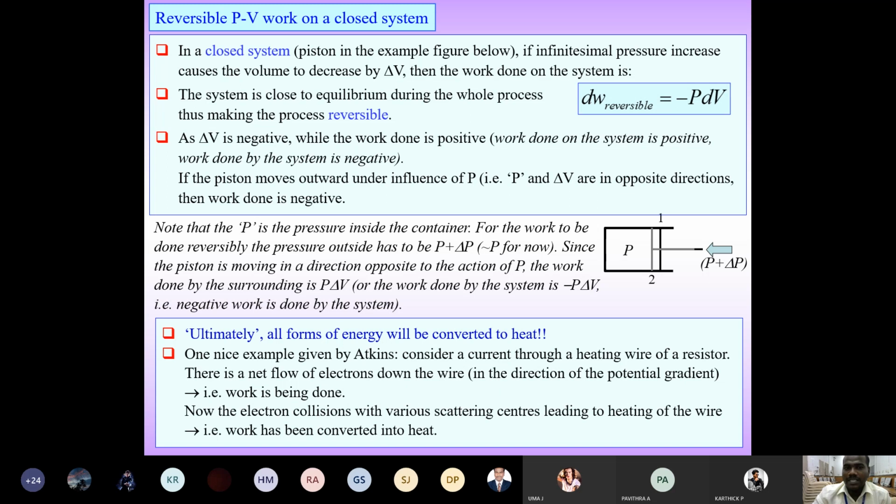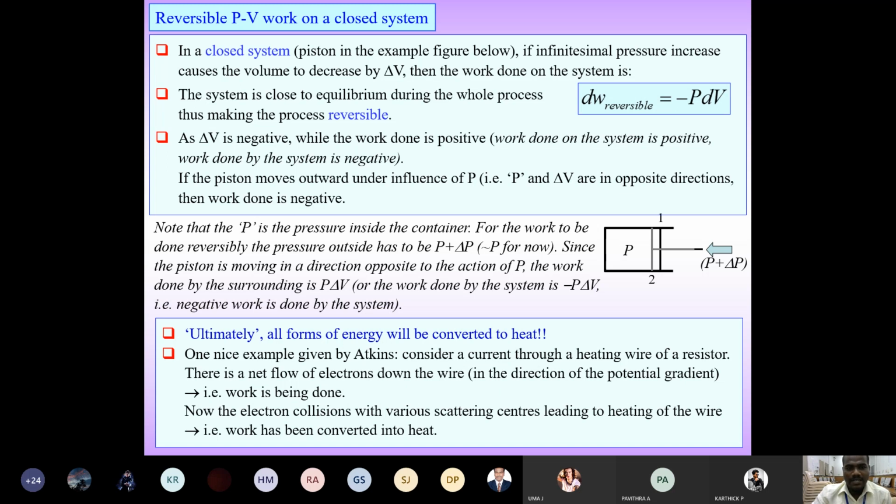So differentiate the two terms: work done on the system means we are doing work on the system; work done by the system means the system does the work. Just compare these two points. Work done on the system is positive, and work done by the system is negative.